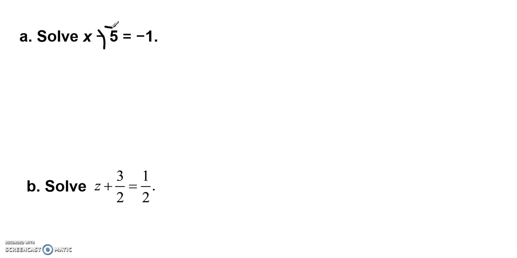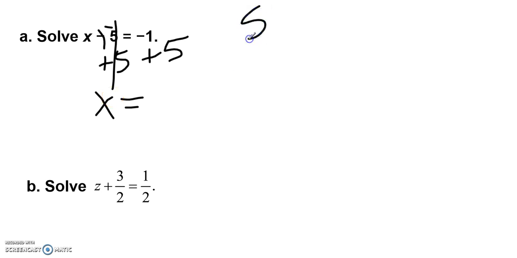You would plus 5 to it, and that's going to make it 0. So x equals, and since they're different signs, we have to do 5 minus 1. That gives me 4. Take the sign of the larger, which is positive, so x equals 4.